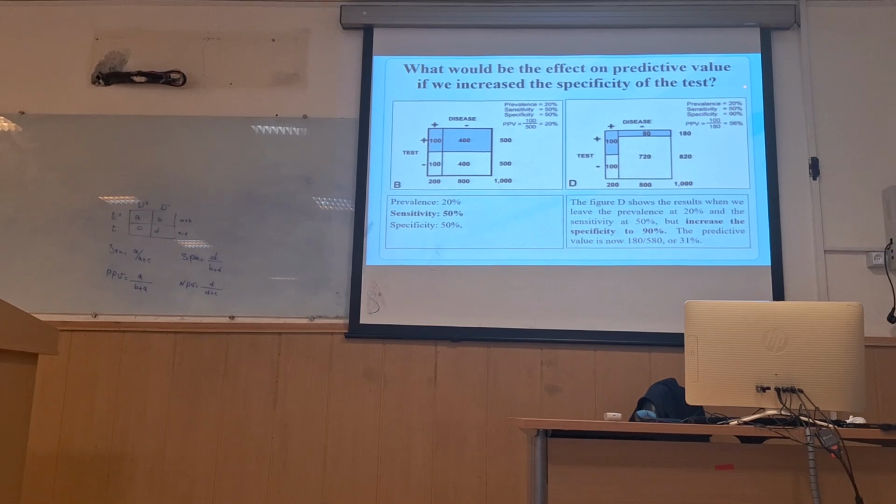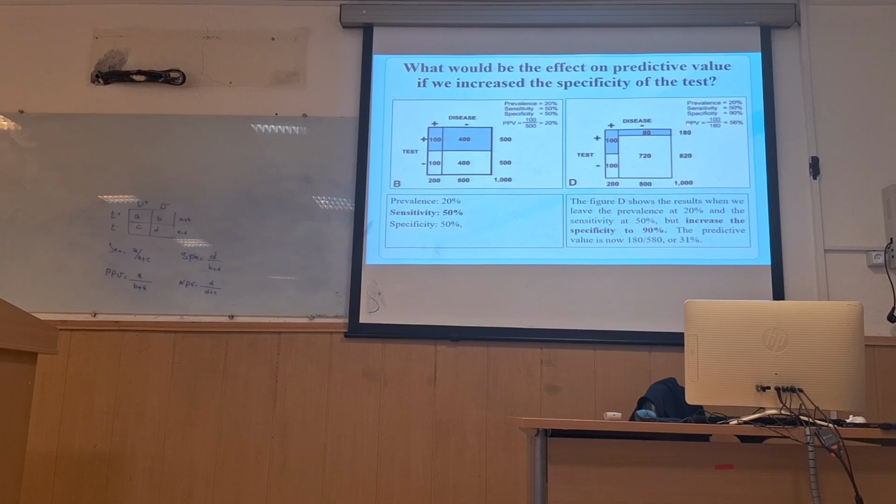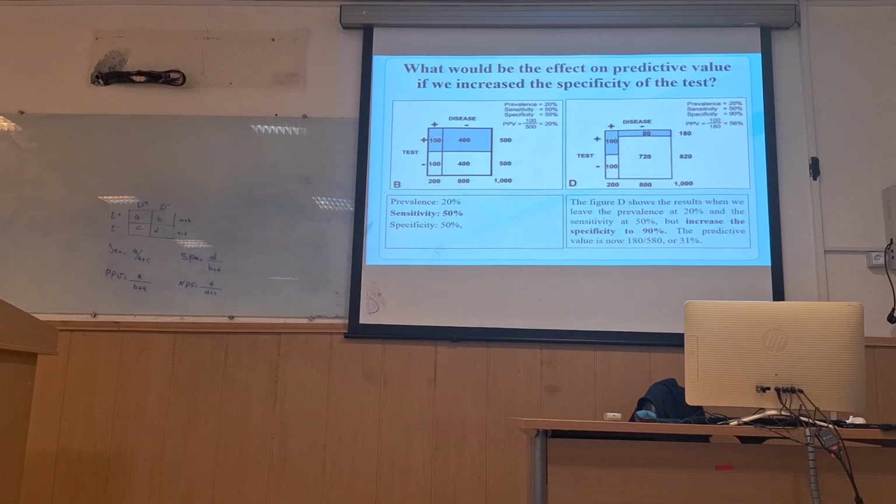sensitivity is 50%, the same, but specificity is 90%. In this scenario, when we calculate positive predictive value, it's 56%. It means changing the specificity can change positive predictive value.